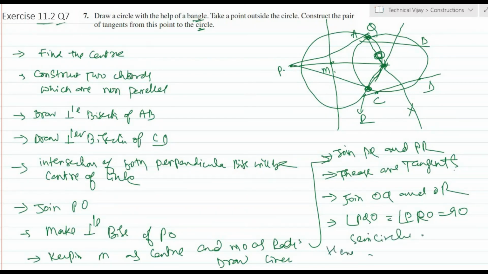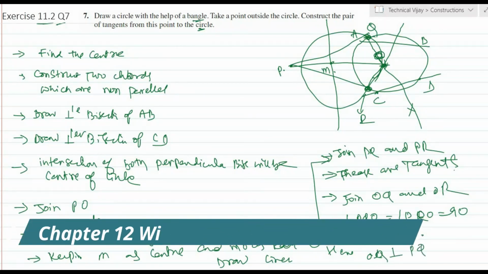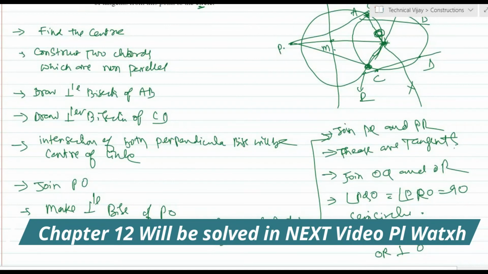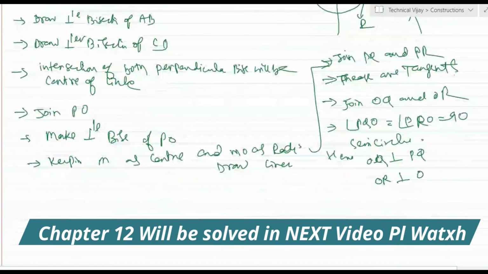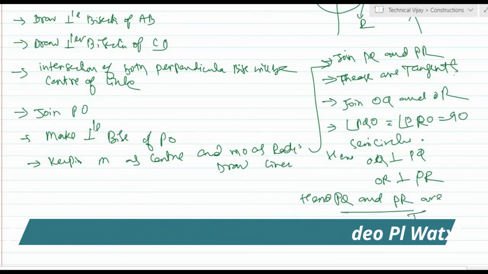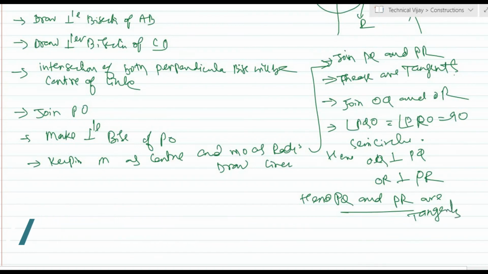Hence OQ is perpendicular to PQ, and OR is perpendicular to PR. Hence PQ and PR are tangents. Thank you.